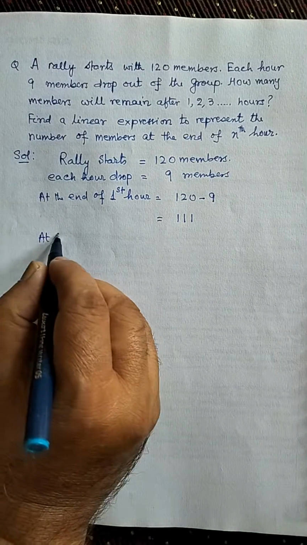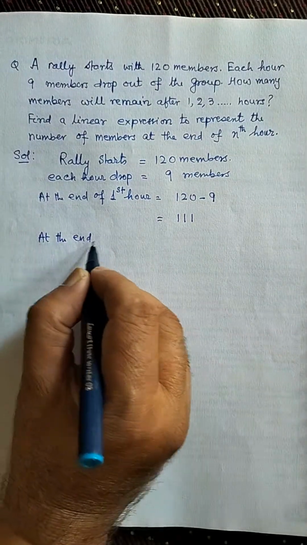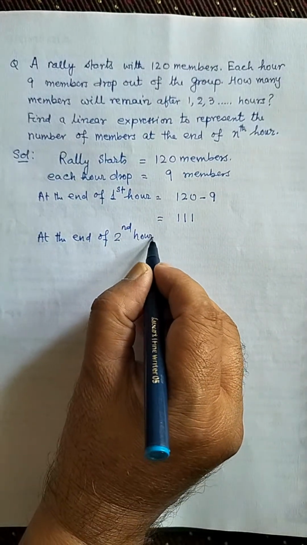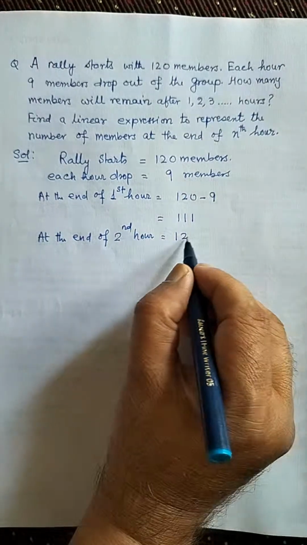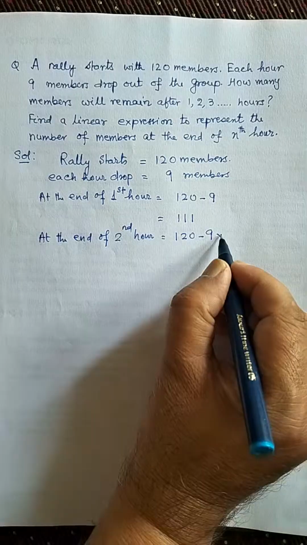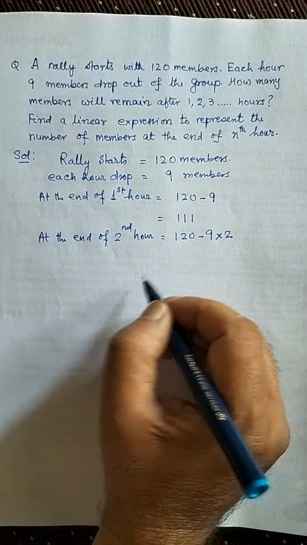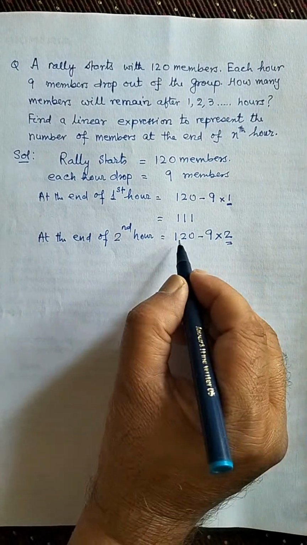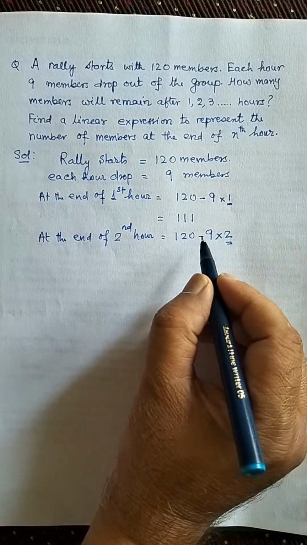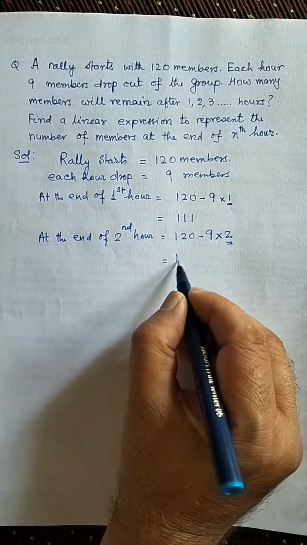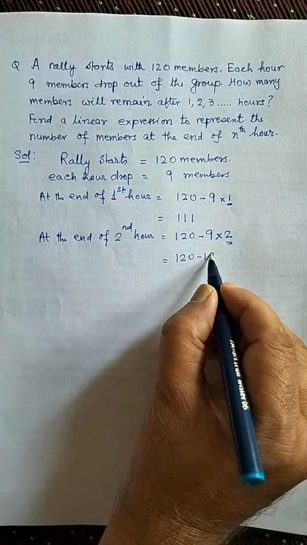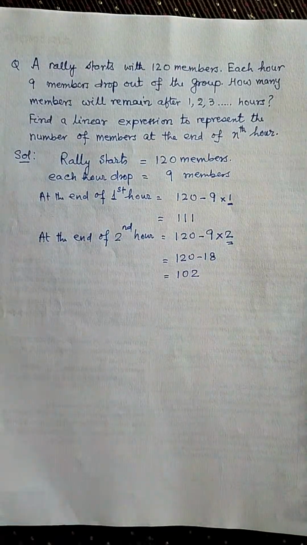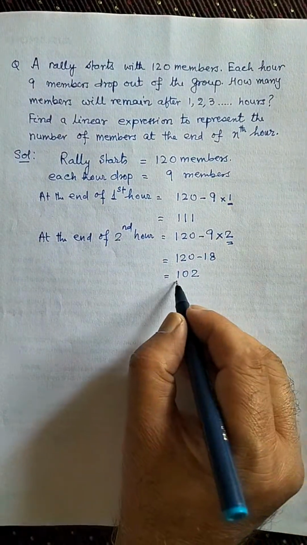And then at the end of second hour, it will be 120 minus 9 into 2, right? This was the first hour. This is the second hour. We have to just understand this step. So this will become 120 minus 18, which is 102. So now 102 members are left in the rally.